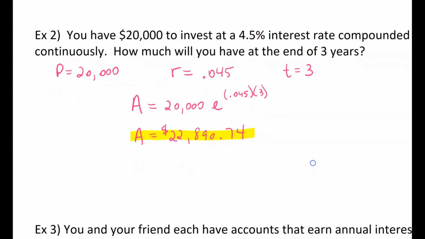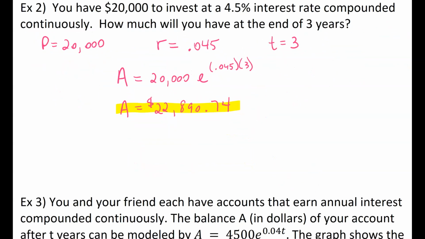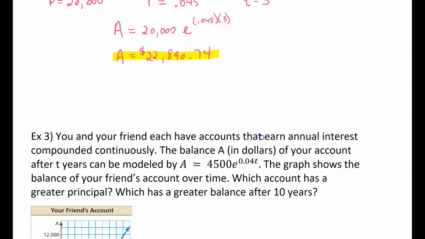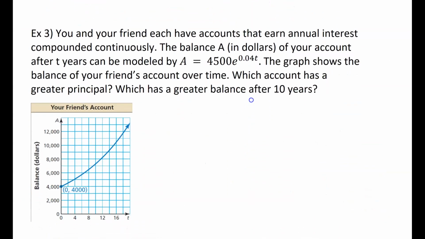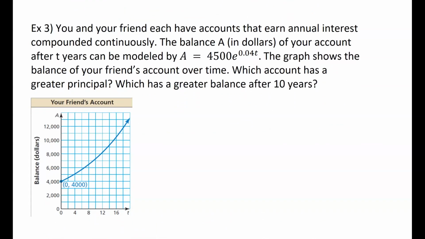Okay, one last example. All right, so you and your friend each have accounts that earn annual interest compounded continuously. The balance A in dollars of your account after T years can be modeled by A is equal to 4,500 times e to the 0.04t.